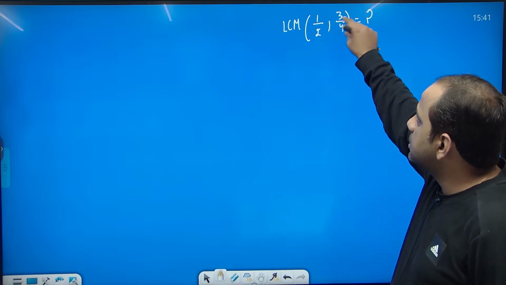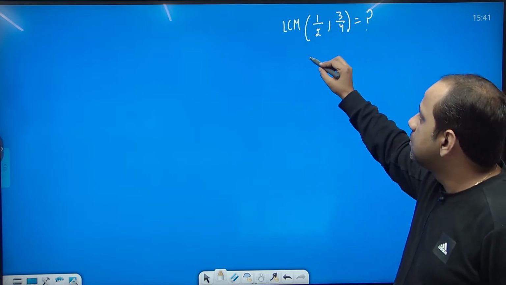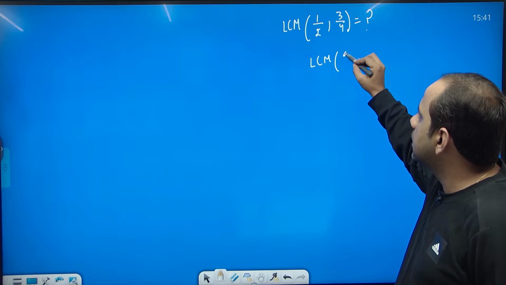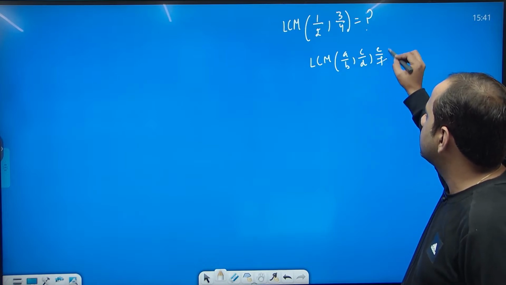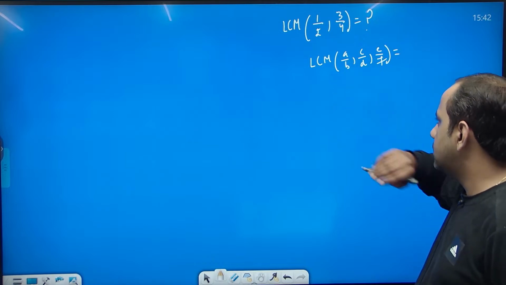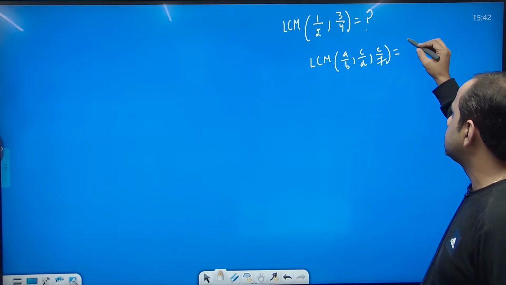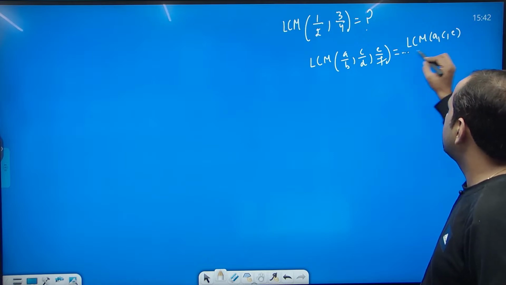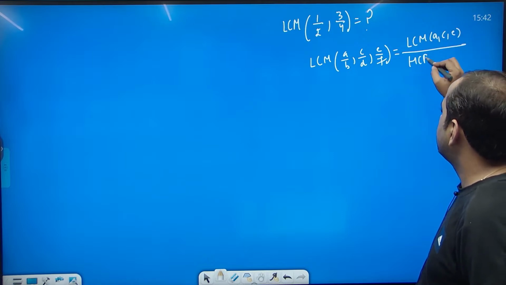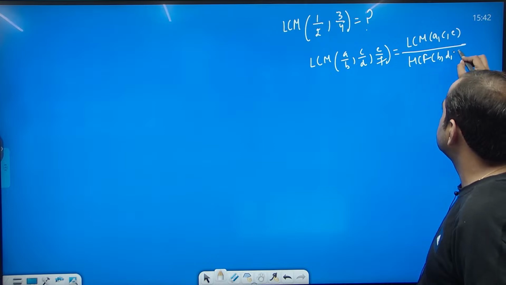So when you get numbers in this fraction form, A by B, C by D, E by F, if you need to calculate LCM of fractions, that will be LCM of numerators upon HCF of denominators.